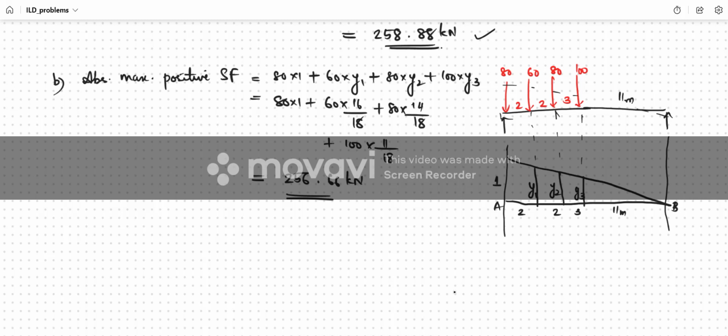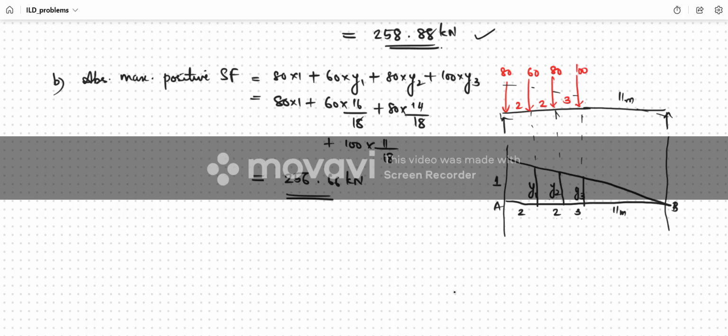The corresponding ordinates are also shown, and hence the absolute maximum positive shear is nothing but load multiplied by the ordinate. So 80 into 1 plus 60 into y1 plus 80 into y2 plus 100 into y3. What is y3? 11 by 18. y2 is 11 plus 3, 14, plus 2, 16 by 18.